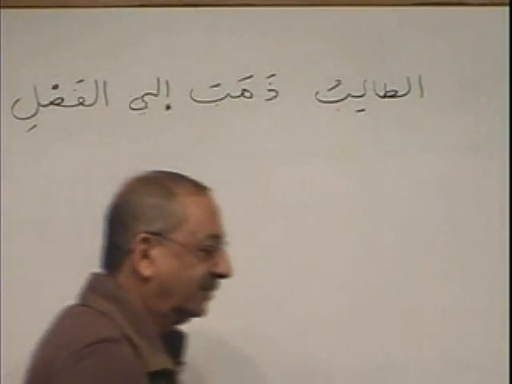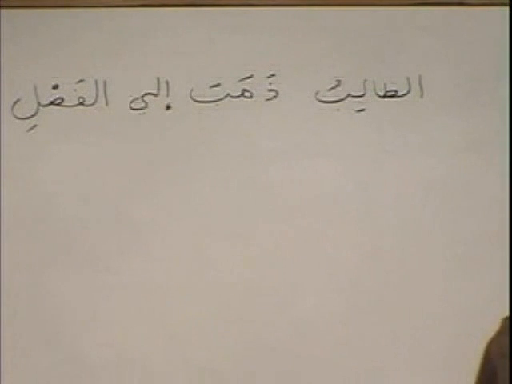What did I say, brothers and sisters? At-talibu ذهب إلى الفصل. Translation? Classroom. What is الطالب, brothers and sisters? مبتدأ. Where is the خبر? جملة فعلية is the خبر. الجملة الفعلية is the khabar.